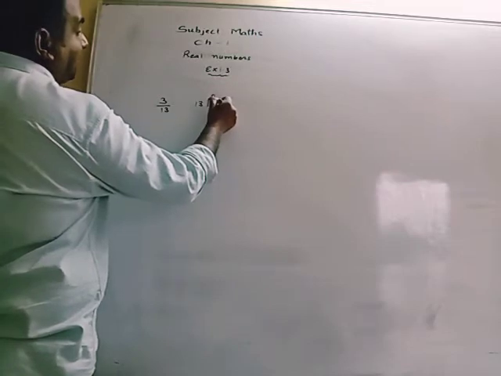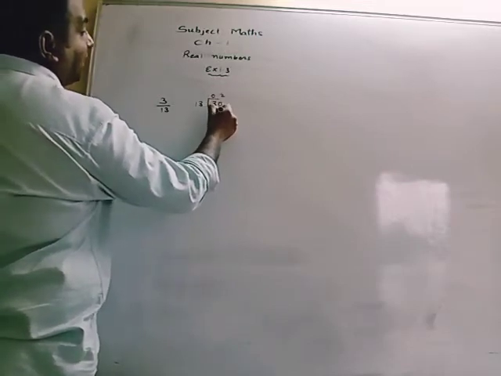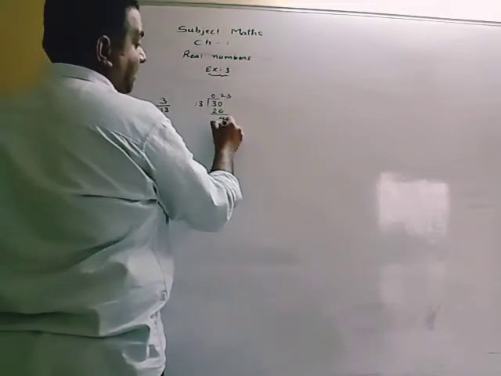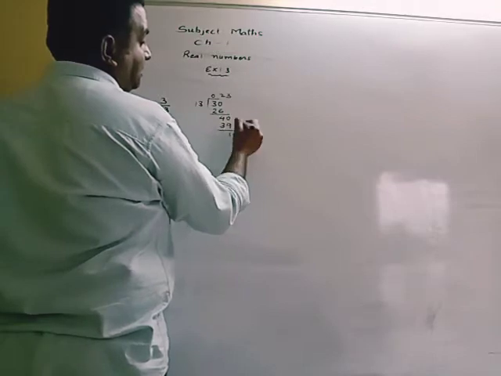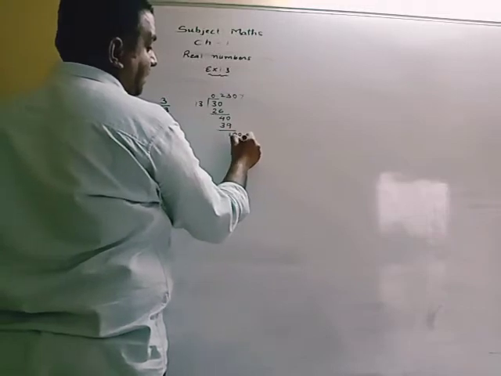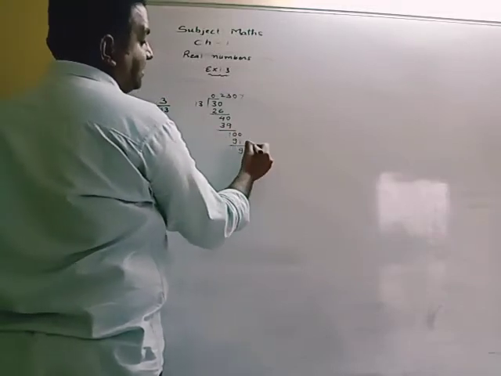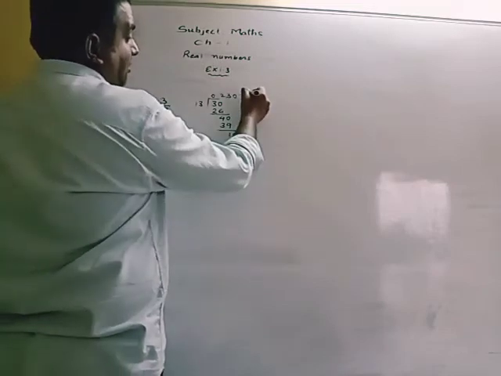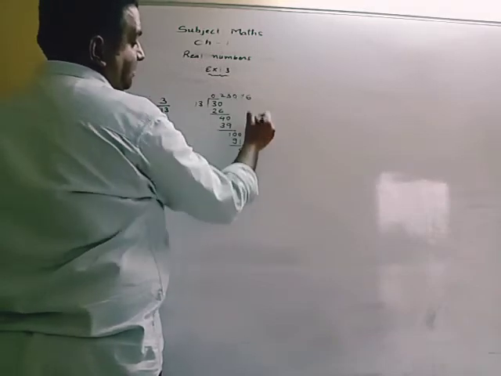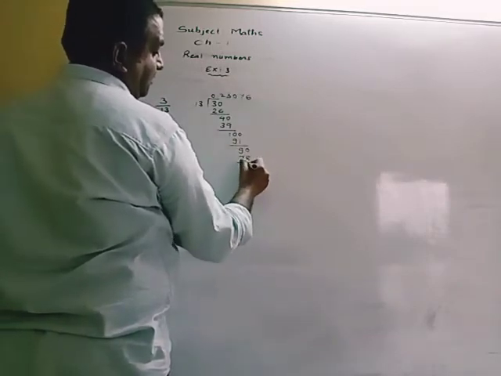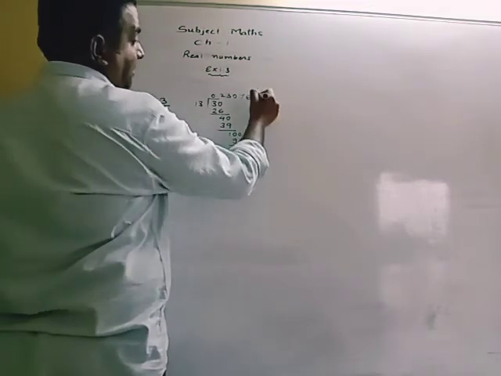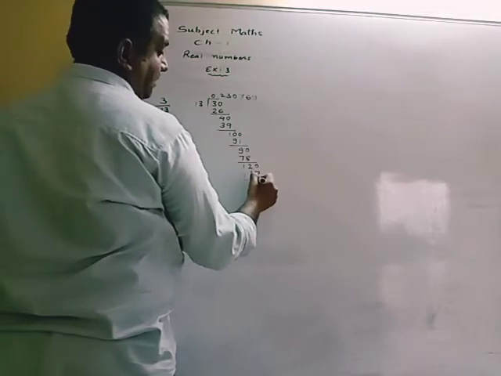Is it not possible? 30, 13 2s are 26, 4 0, 13 3s are 39, 1 0 is not possible, 10 0, 13 7s are 91, 9 0, 13 6s are 78, 1 2 0, 13 9s are 117, 3 0.